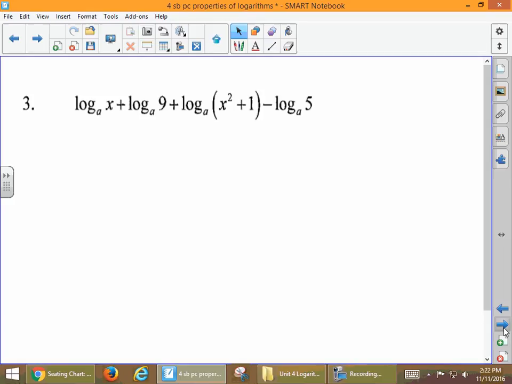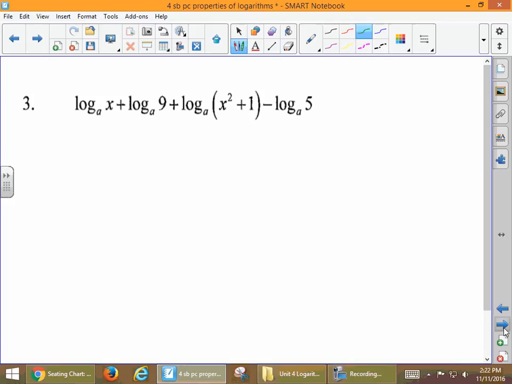And when you use the order of operations, we work from left to right. So I'm going to combine, first of all, the first two values, because what I notice when I look at this problem is that there's no number in front of that logarithm. There's no number in front of the second term. There's no number in front of the third term, and there's no number in front of the fourth term.